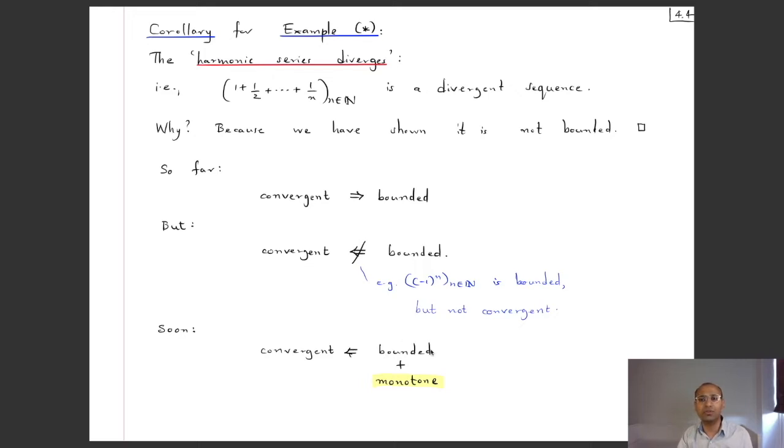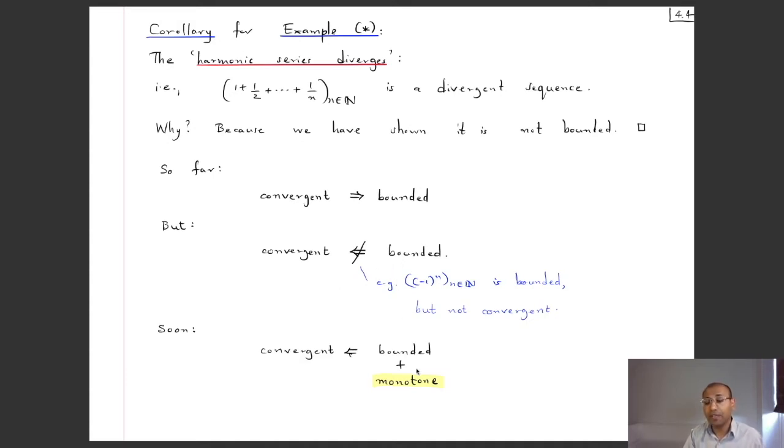And the answer is no, because for example the alternating sequence is certainly bounded, so minus 1, 1, minus 1, 1 and so on, but we saw that it is not convergent, right? So although it's bounded, it is not convergent, so this reverse implication is not true.